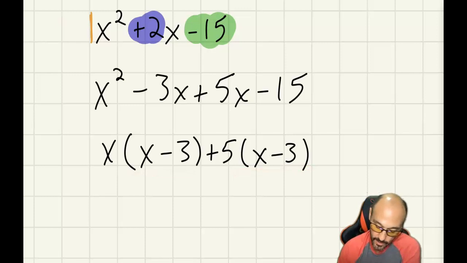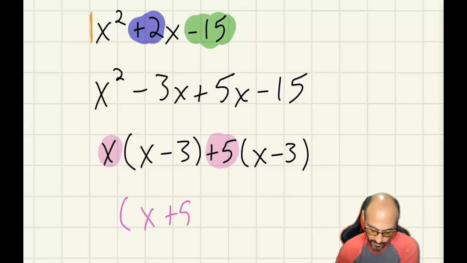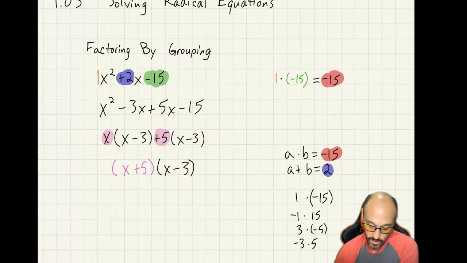So now I can take my x plus 5, and the x minus 3 goes right here. And I have now factored the original expression by grouping. So that's how factoring by grouping works.